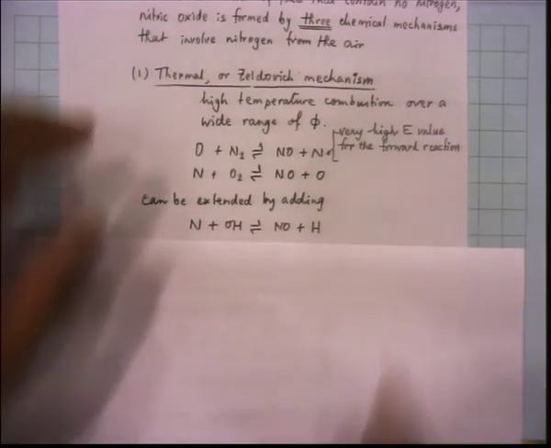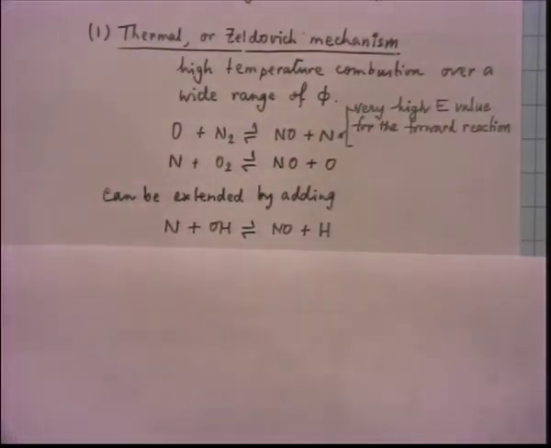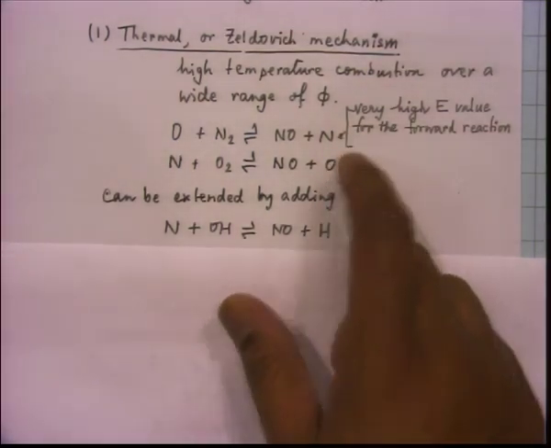We did not call it by this name, but it is the most important mechanism for nitric oxide formation for fuels which do not contain any nitrogen. Fuels can sometimes contain nitrogen, coal can contain nitrogen, for example. For those fuels, the thermal or Zeldovich mechanism is very important, and these first two reactions are familiar to you.